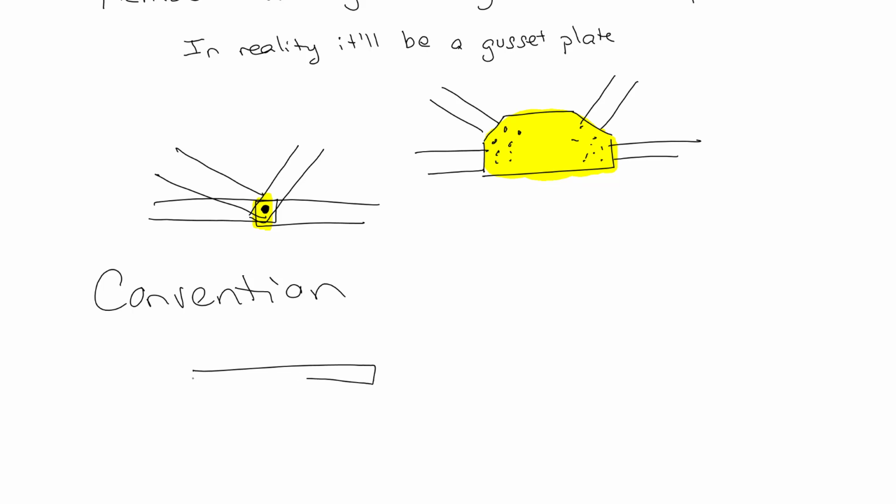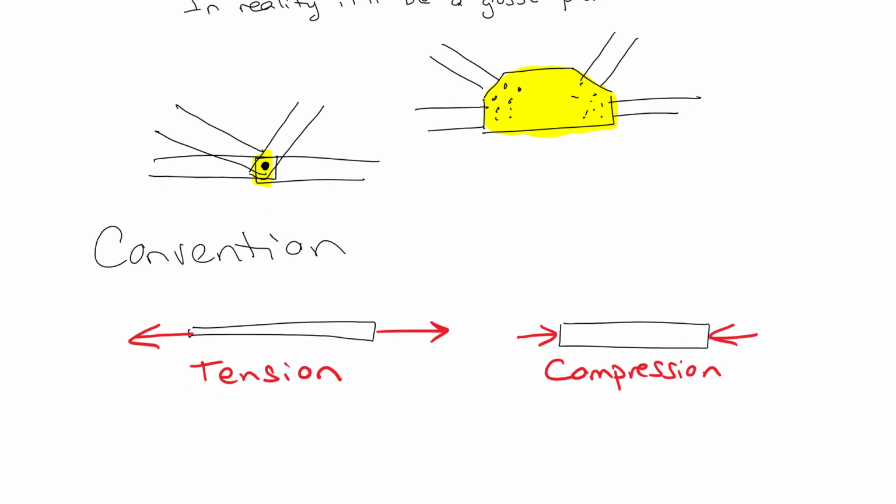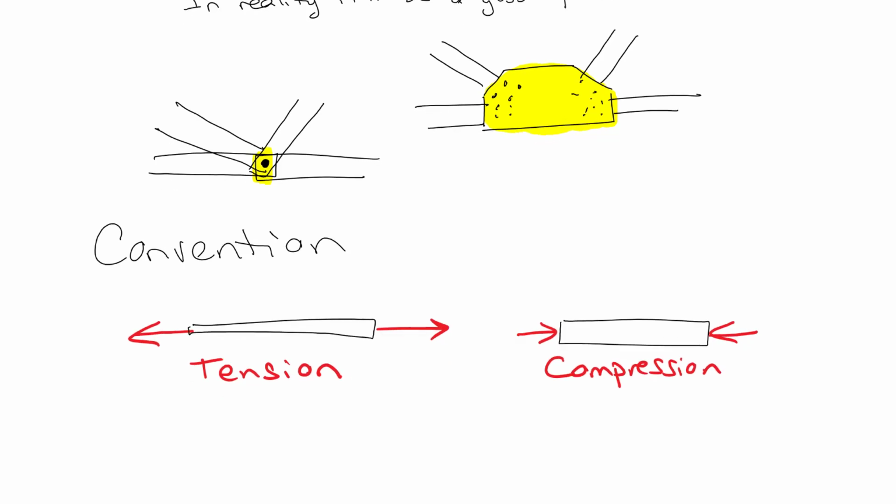Is that, well, it's ish. Anything when we draw the arrows out like this is going to be considered in tension, right? Because you're pulling on the member of the bridge, of the truss. And if you see the arrows coming in like this, we're going to call it compression. That's not really the convention, but the convention is that whenever I'm drawing something, I'm always going to draw everything in tension.